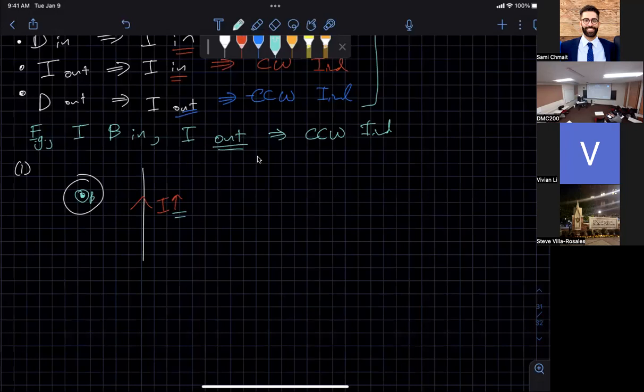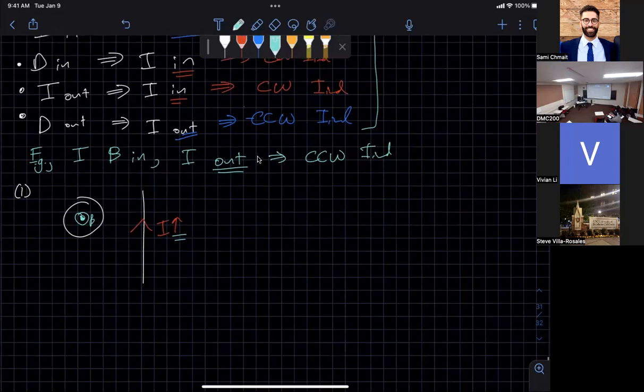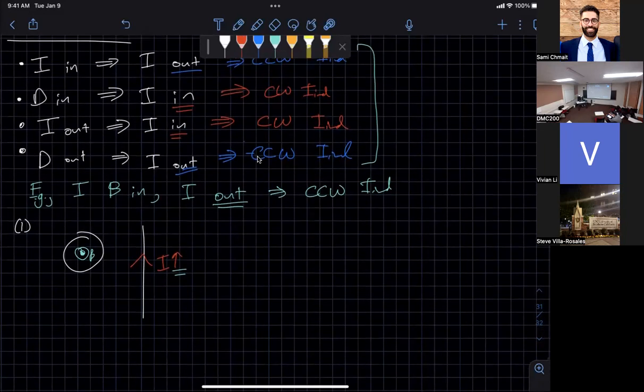What effect does that have on the field? That means it's increasing. And now I go back to my little chart I like to draw. I have more going out, so I'm increasing going out, then I need to increase going in. So I will have a clockwise induced current. So my I induced is going clockwise. I'll call this one A.